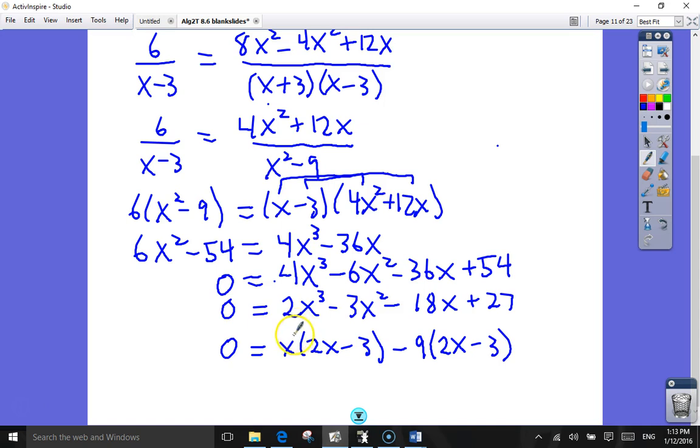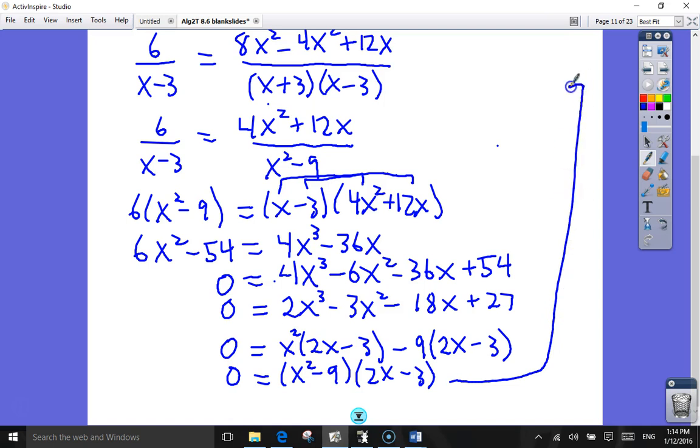Yes, she's right. There should have been a squared there. Okay, so this factors like 0 equals x squared minus 9 times 2x minus 3, which is x plus 3 times x minus 3 times 2x minus 3.